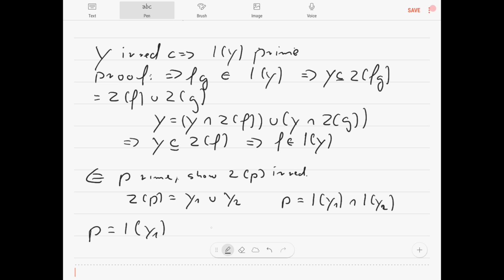So Z of P is Z of I of Y1, which is Y1. So indeed, Z of P is irreducible, and this concludes the proof.